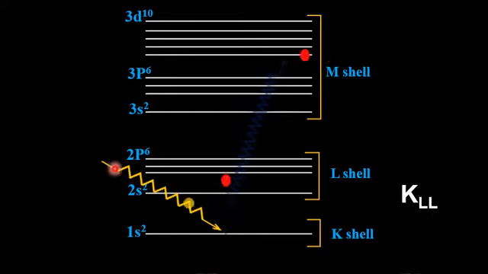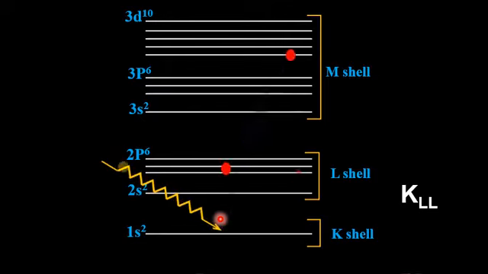When an incident beam, or incident stream, of electrons with higher energy, around 3 to 30 kiloelectron volts, falls on the core energy level electron, it results in the ejection of the core energy level electron from the atom. When the core energy level electron is emitted from the atom, there is a creation of a vacancy.